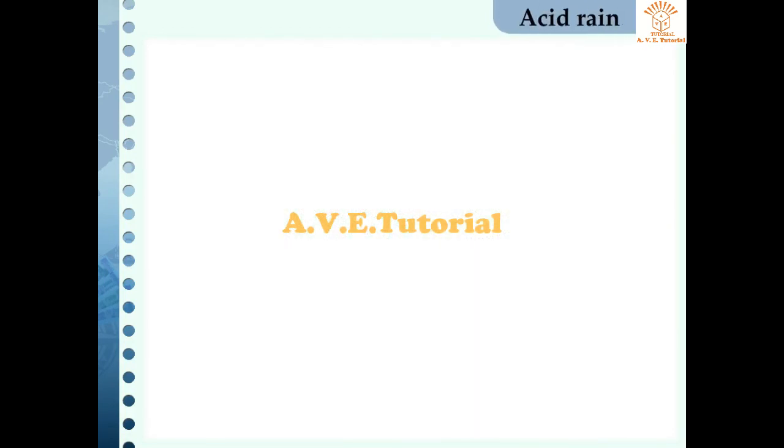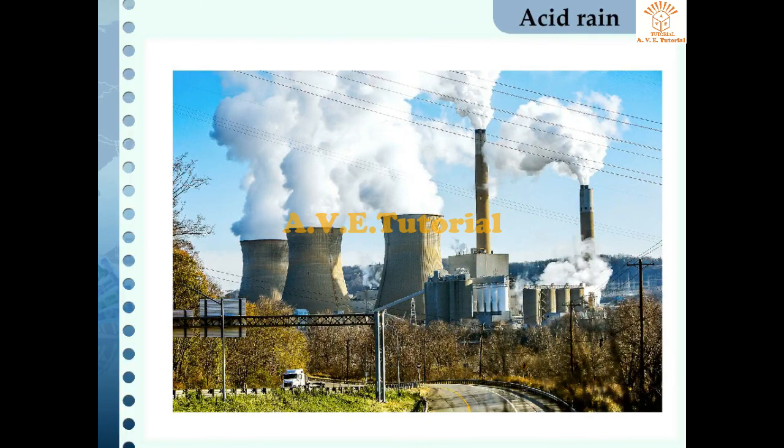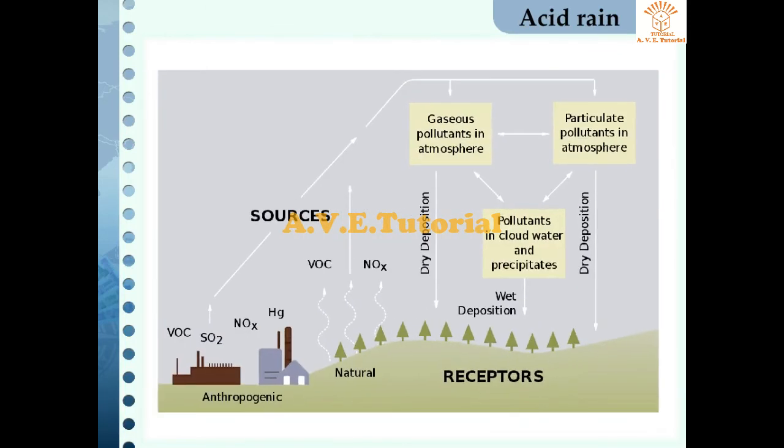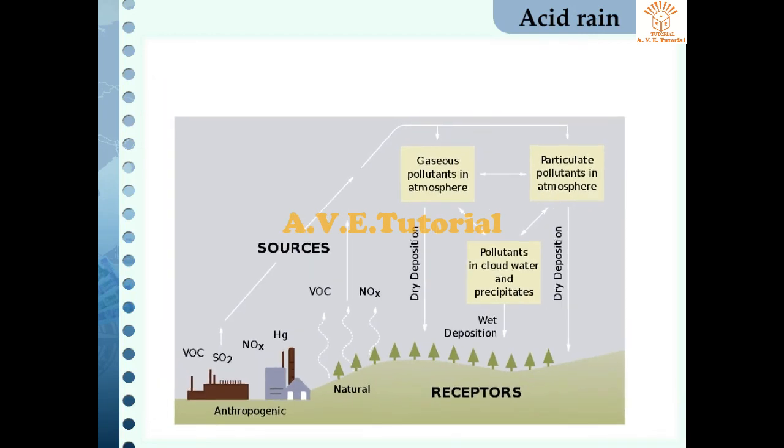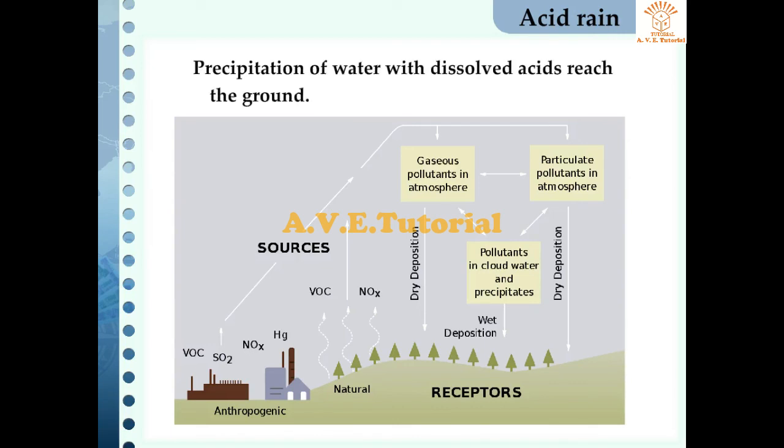Acid rain. Because of air pollution in industrial areas, various gases get mixed in the air. Different acids are created when the water vapor in the air reacts chemically with these gases, such as nitric acid, sulfuric acid, etc. Precipitation of water with dissolved acids reaches the ground.